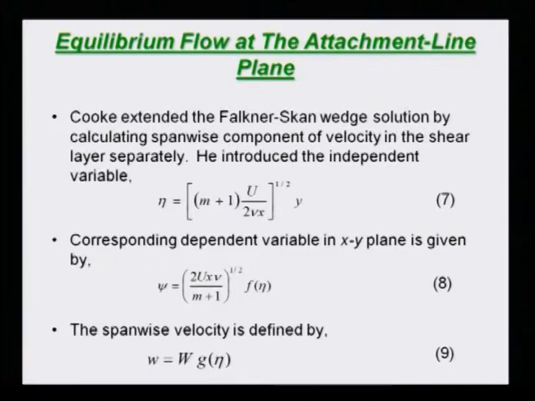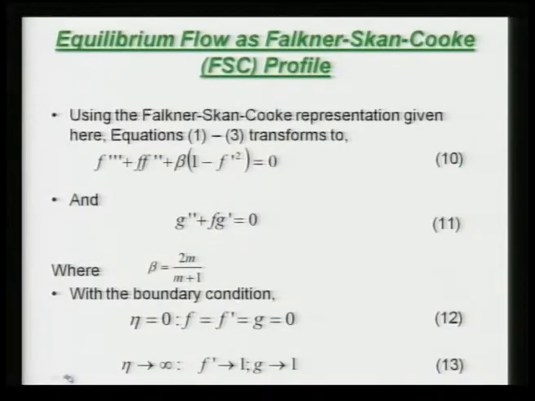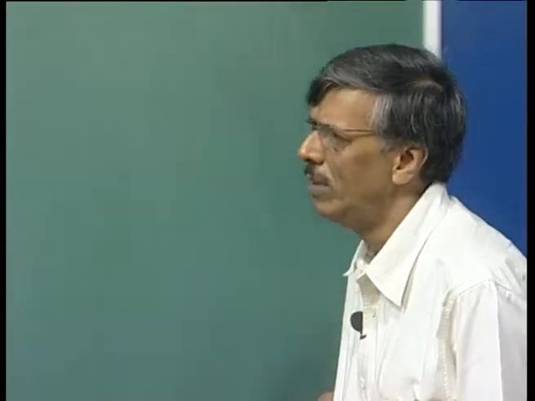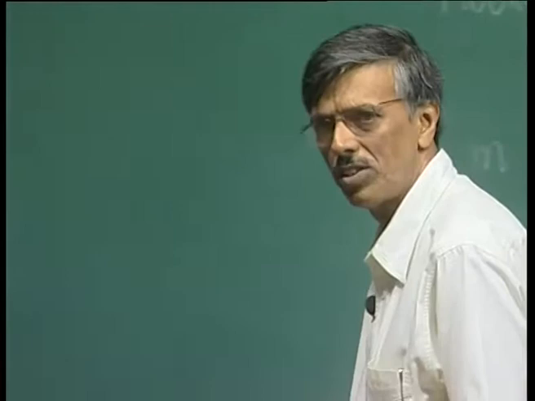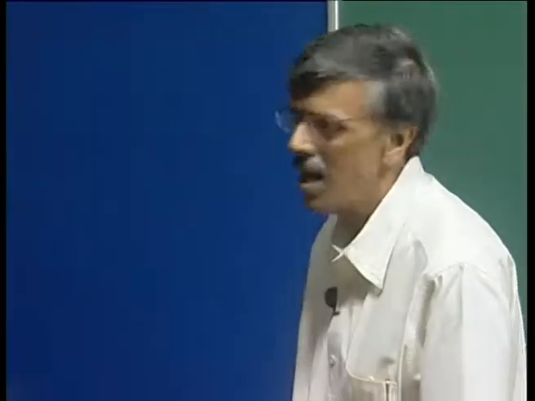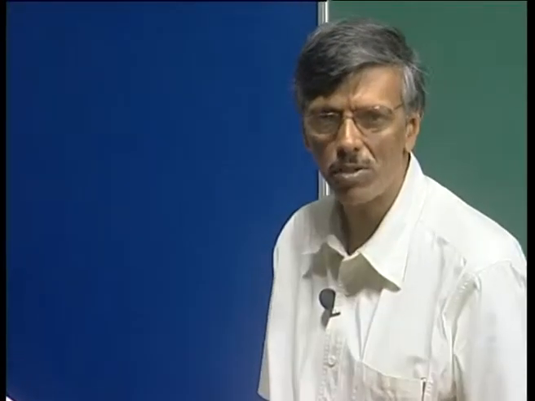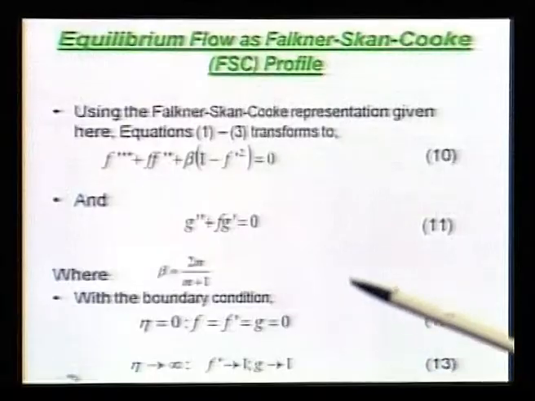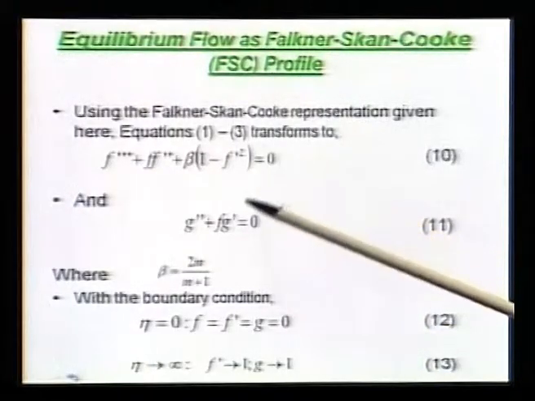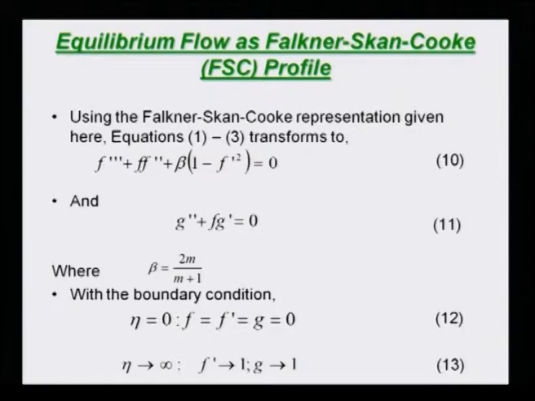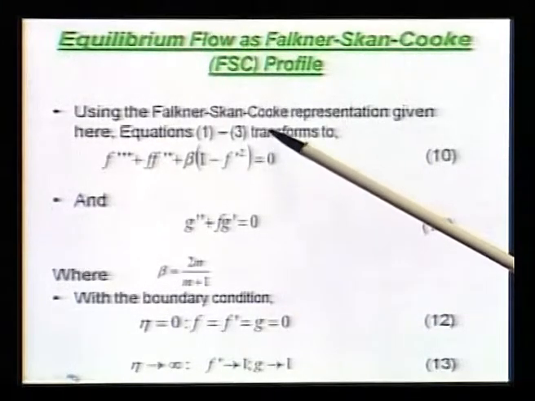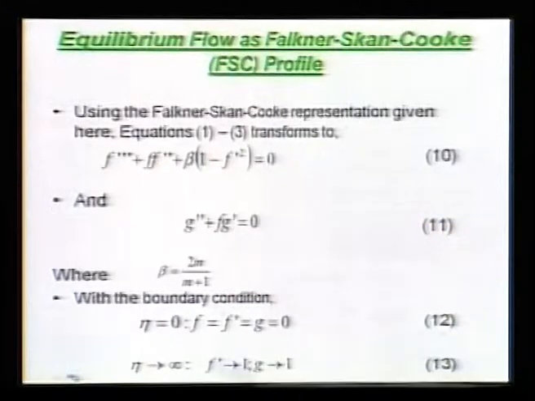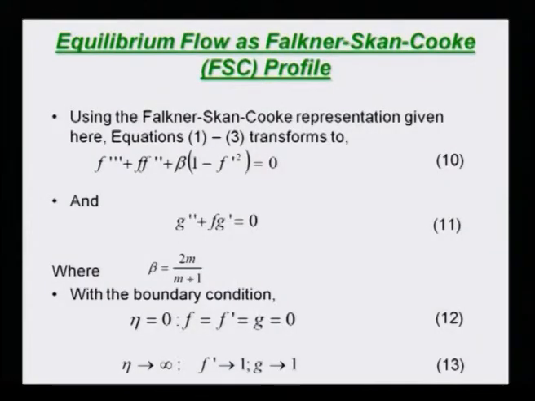So, this is how we would go about describing the flow in terms of two new dependent variables. You substitute those two definitions of psi, f and g, and plug them into the governing equation that we have just now seen. What you would find is that the x momentum equation will yield this first equation, and this is something you have already seen.